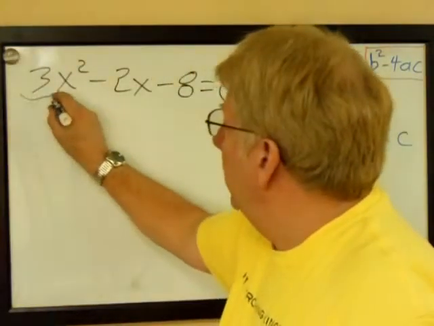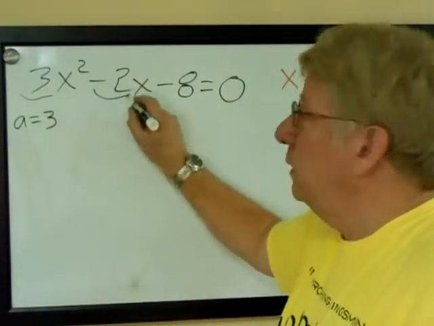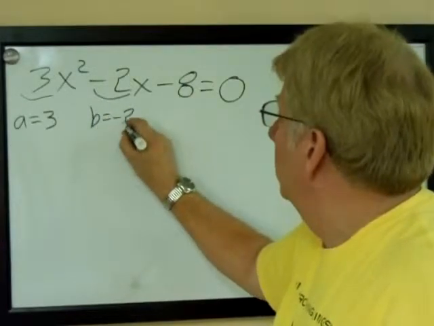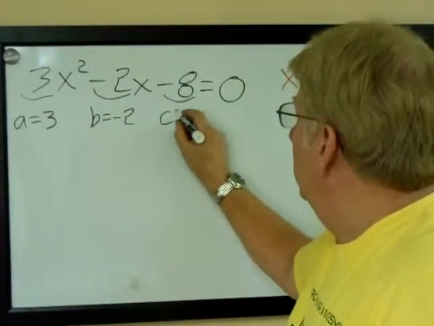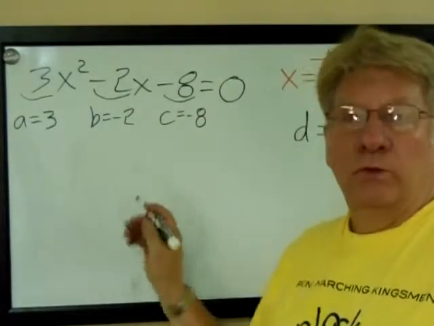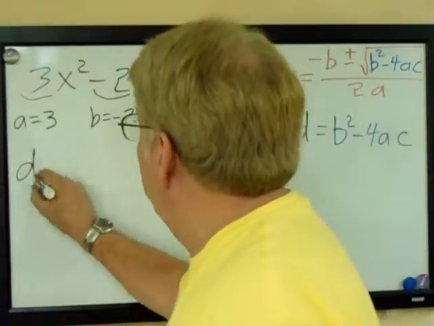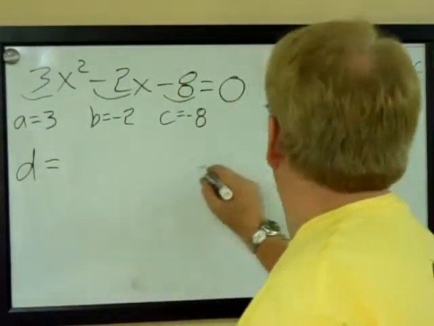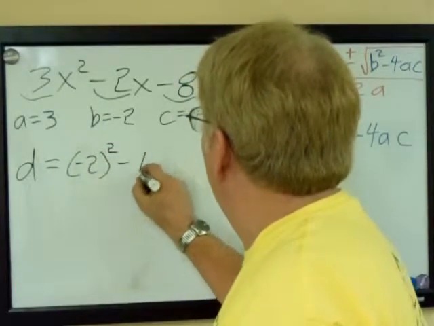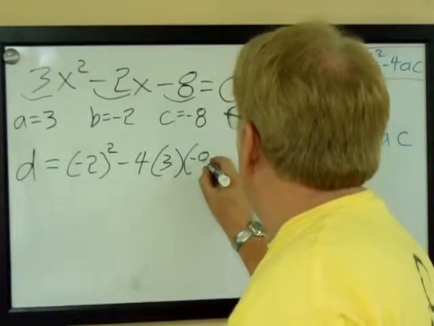So for this we have a is equal to 3, and b would be equal to minus 2, and c would be equal to minus 8. Now we plug these three numbers into our discriminant. So we have d equals b squared minus 4 times a, which is 3, times minus 8.